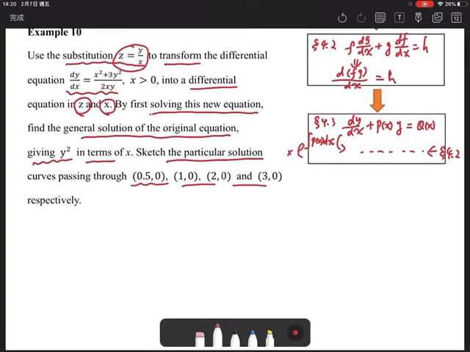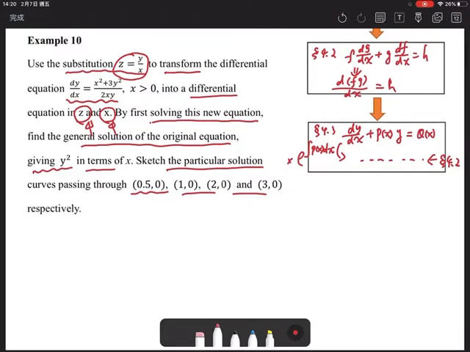Because here we use substitution, finally the equation should be in terms of z and x. It means that we should replace dy by dx with dz by dx, because we have to replace y in terms of z and x.